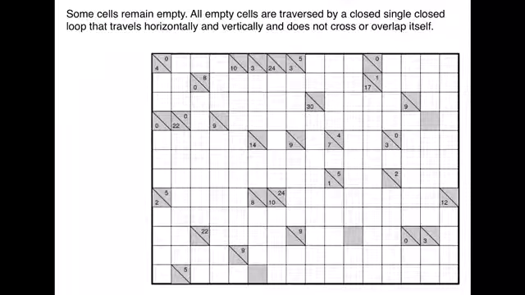But what happens in this special puzzle is that some cells must remain empty, which has been the case in some other Kakuro videos I've done in the past. But in this case, the empty cells should form a loop that travels along all those cells, and it does not cross or overlap itself.